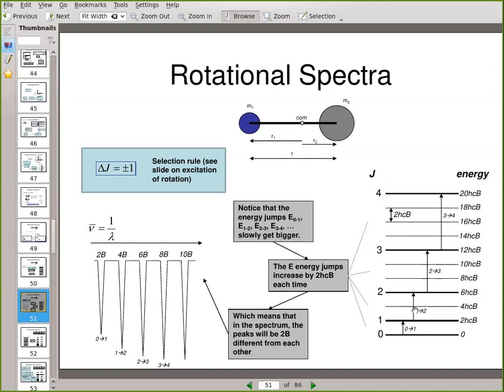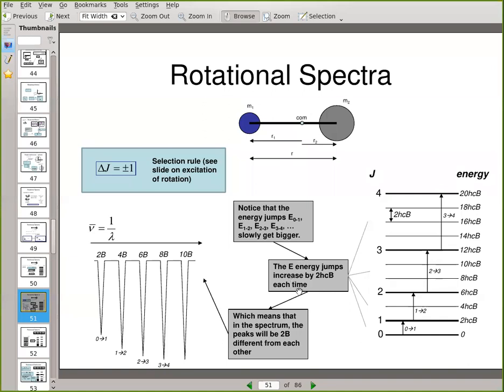Now what's the difference between this jump and this jump? The difference between these two jumps is also 2 HCB, which as a wave number is 2B. So the distance between each of the absorptions is 2B. So notice energy jumps slowly get bigger.